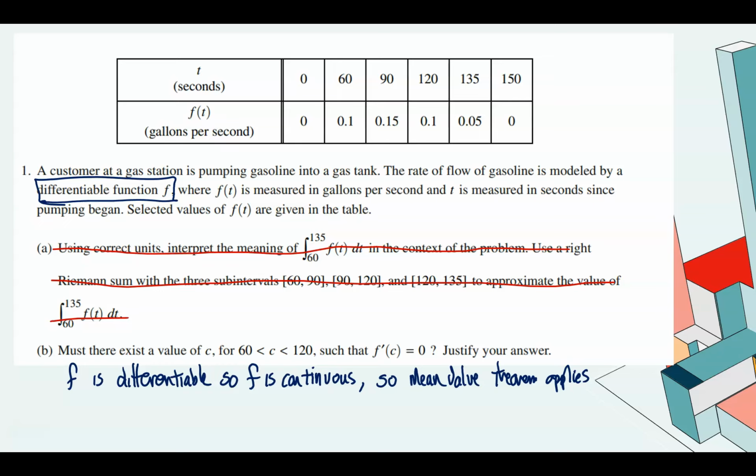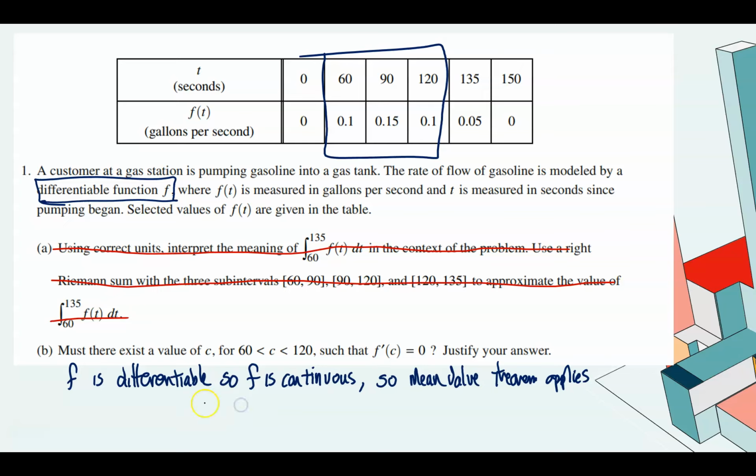And you could write a little bit more, but that's probably good enough for College Board. And what does that mean? Well, we said f prime of c is going to be equal to, and well, I guess I thought of something before I wrote this. When I box this back up here, what we notice is f of 60 is 0.1 and f of 120 is 0.1.